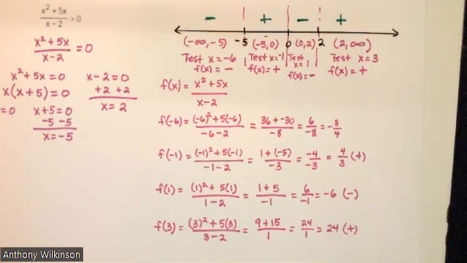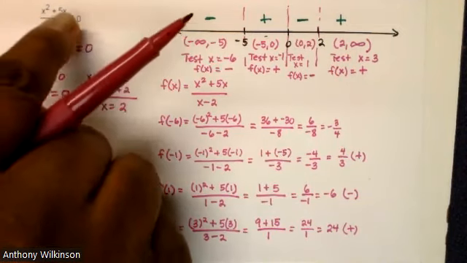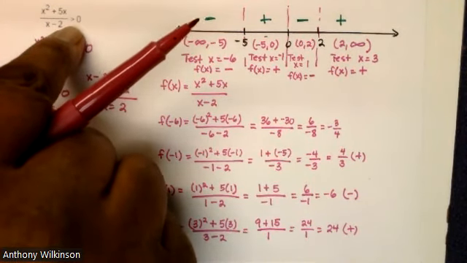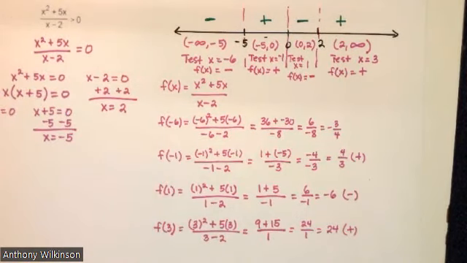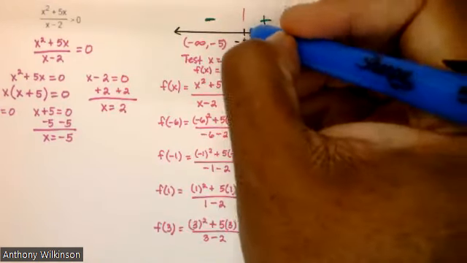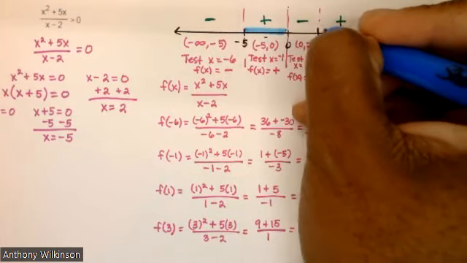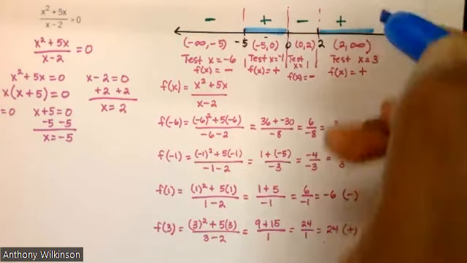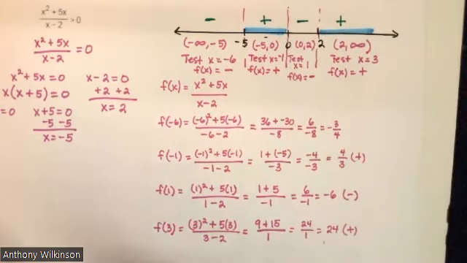Now, in this case here, I need to pay close attention to this inequality symbol. Greater than 0 means positive. So I need to pick the intervals that gave me a positive f of x value. And in this case here, this interval and that interval gave me positive f of x values.